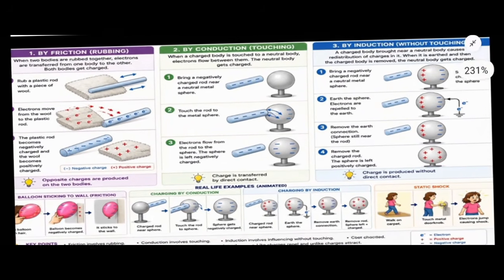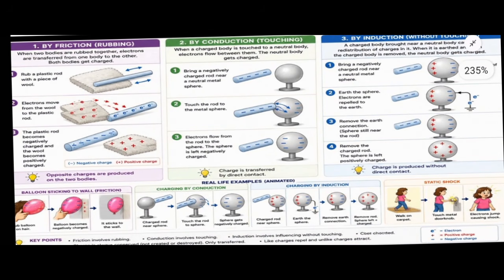Here it is very beautifully explained. First of all, by friction. When the plastic rod is rubbed with this wool, there is transfer of electrons from the wool to the rod, and the rod gets charged. This is a very common example.